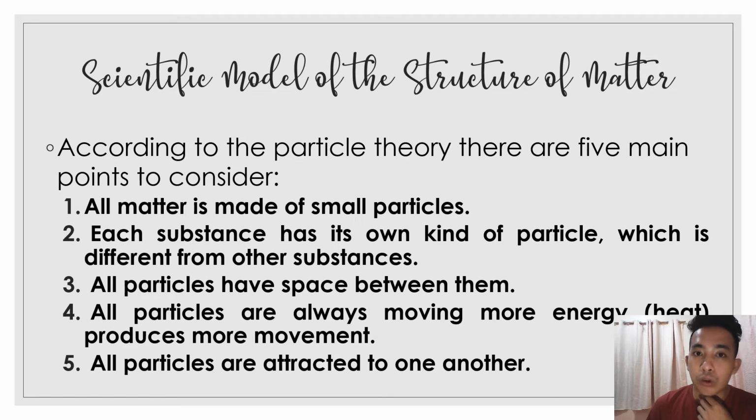It has two oxygen atoms. That is the difference between those two. That is why we can say that each substance has its own kind of particle which is different from other substances.